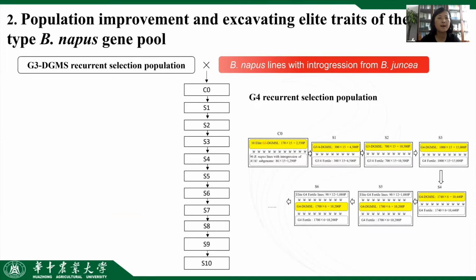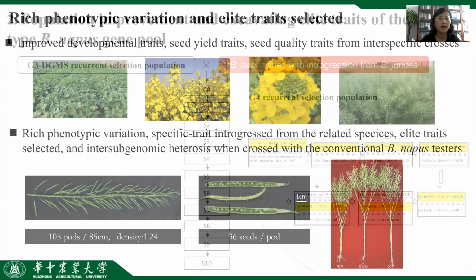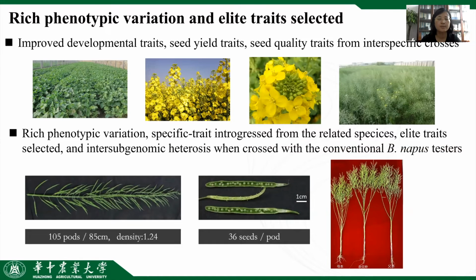The second part is about the improvement of this gene pool by further introducing genetic variations. We finished 10 rounds of recurrent selection, and through this selection we can find that the development traits, seed quality traits, and seed yield traits of the interspecific lines have been improved a lot.